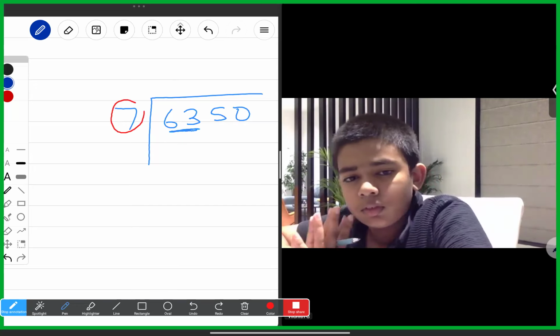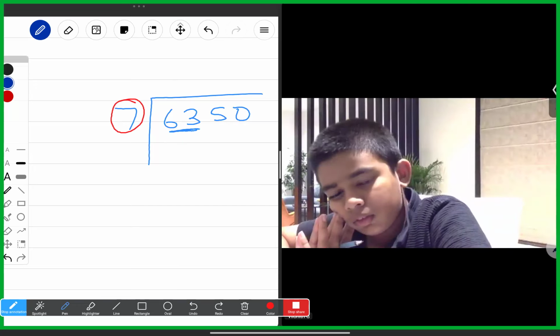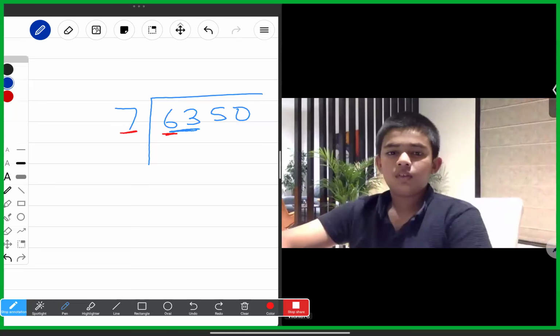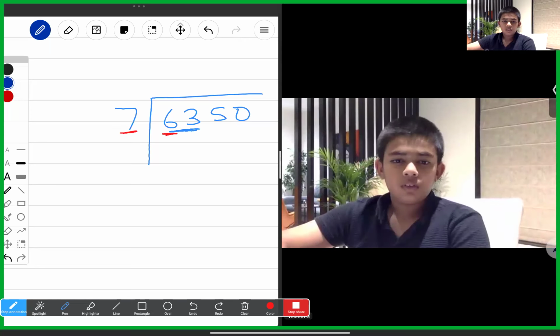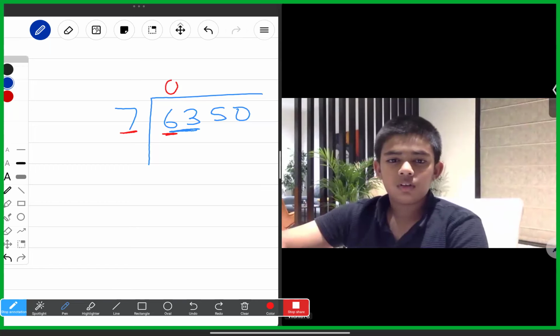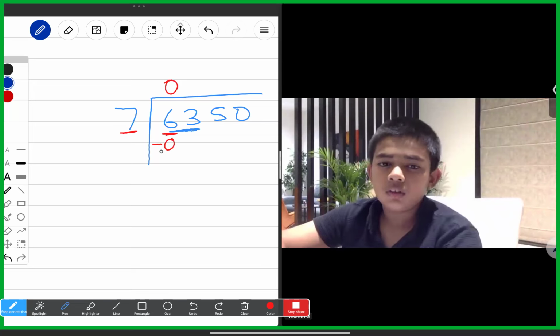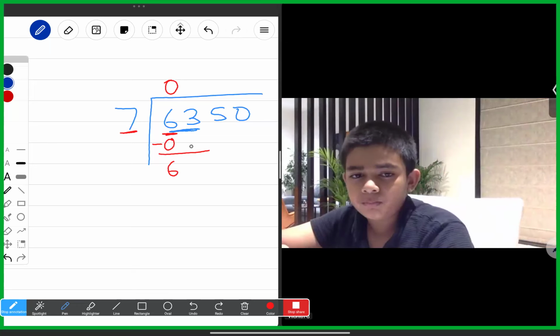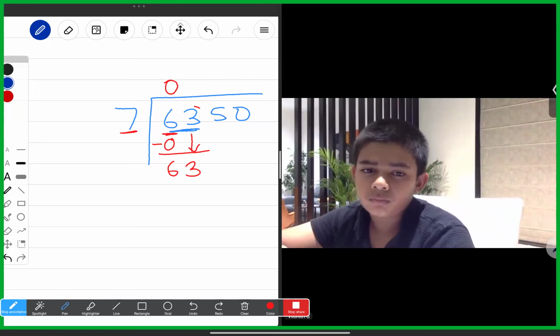Because even though the actual process, if the divisor is a single digit, is to go with a single digit in the dividend also, the first digit 6 is smaller than 7, so you have to take 0 times if we go according to the actual process. But since anyway 6 only will come there, teachers will ask you to take 63 directly.